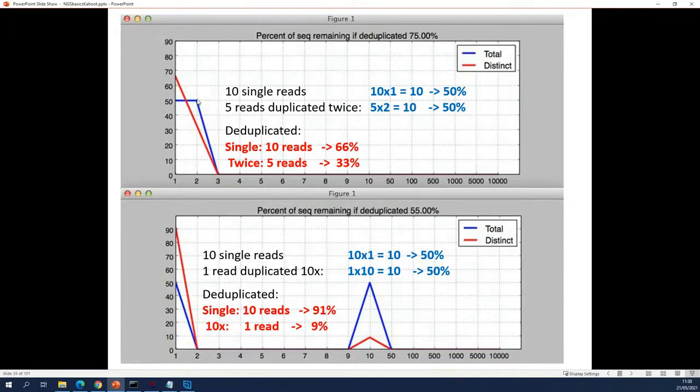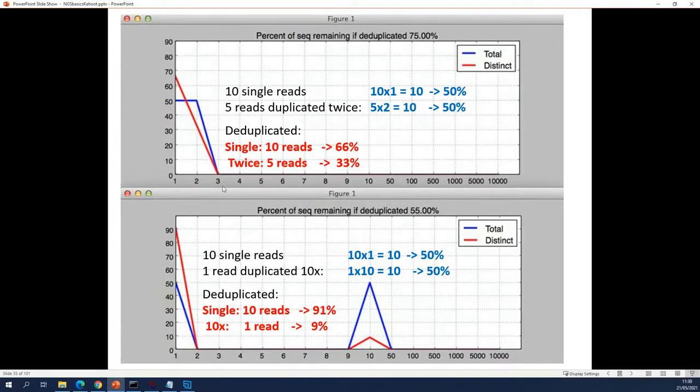That's the blue line. How do you get to the red line? Well, by removing the duplicates from your FASTQ file. So when I do that here, I will end up with 15 reads. 10 of these 15 reads will be single, and 5 of these 15 reads will come from reads that were duplicated twice. So that's 66% single and 33% twice.